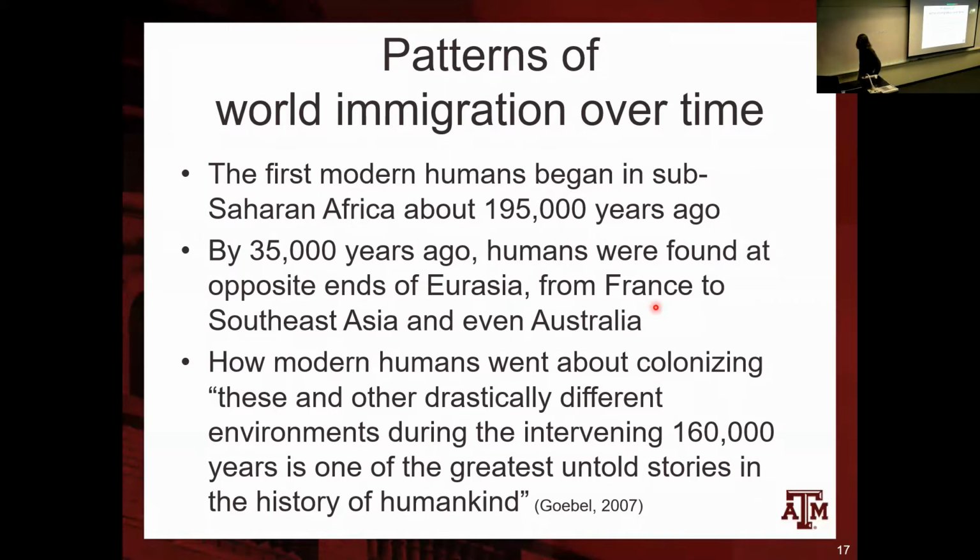By 35,000 years ago, humans were found at the opposite ends of Eurasia, from France to Southeast Asia, and even Australia. That is how modern humans went about colonizing all these different areas during these 160,000 years between these two time points.